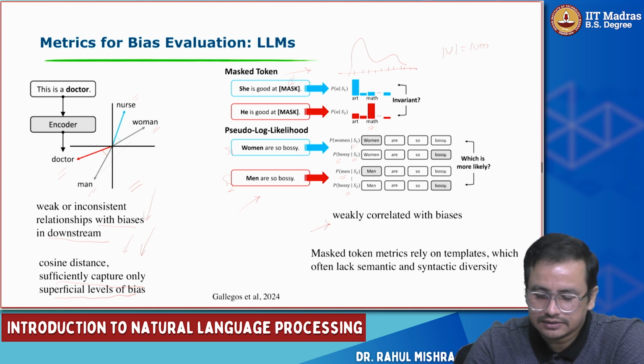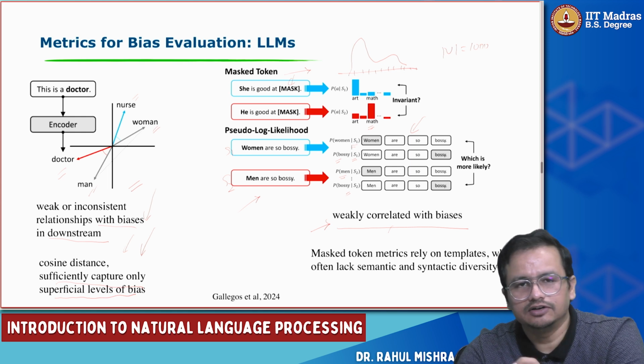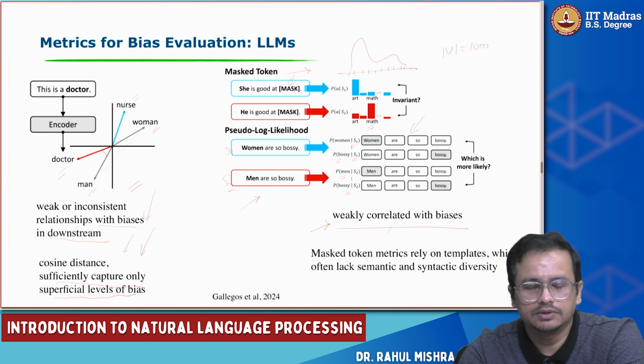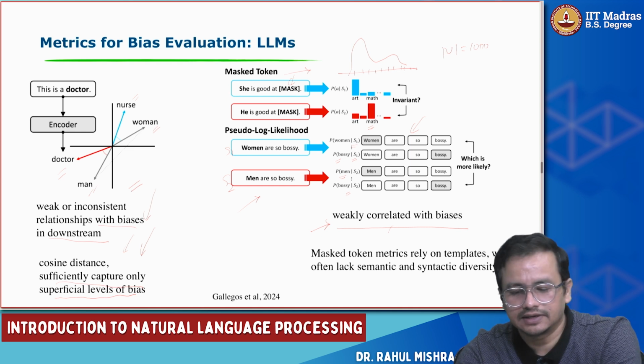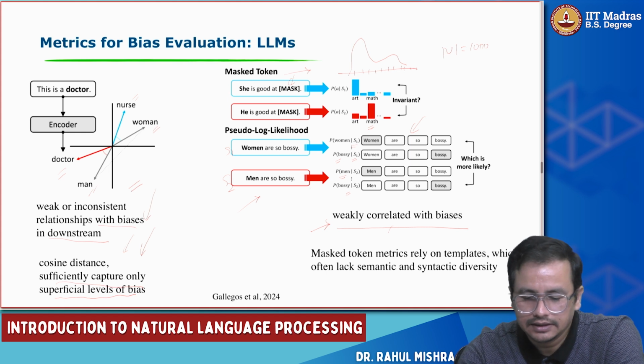The problem here is that the probabilities you get are not highly correlated with the bias. Their observation is that when you compute this probability, although it correlates to the biasness, like how much greater is the probability in the negative sense, let's say "women are so bossy" versus "men are so bossy", you're not getting a neutral probability for the same thing.